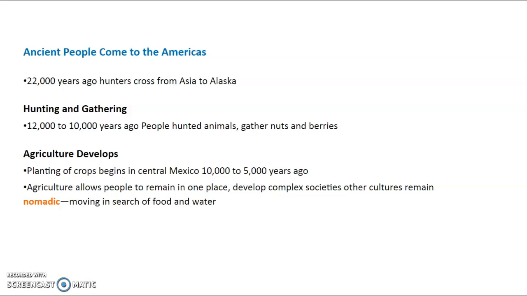Some of the Native Americans didn't do that. They didn't grow crops. They were nomadic, which is one of our vocab words, meaning that they moved around in search of food and water. Sometimes they would follow their prey. So nomadic means moving in search of food and water. Alright, let's move on.